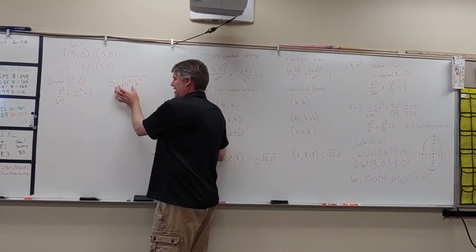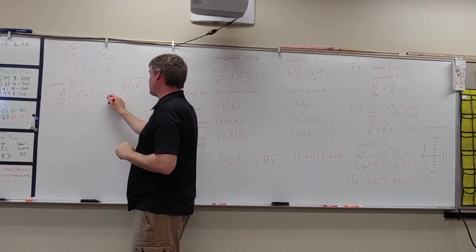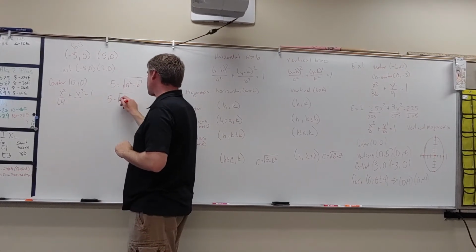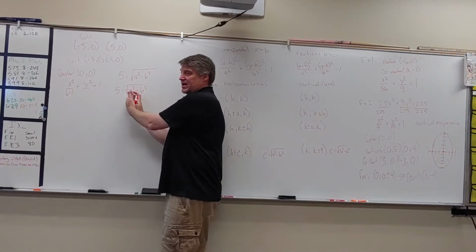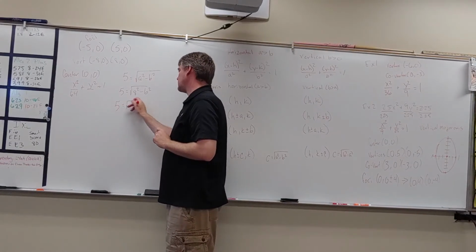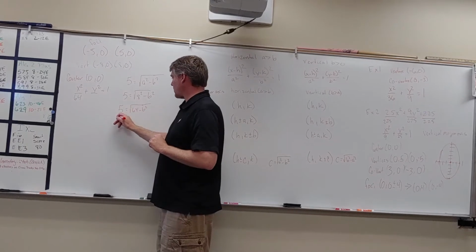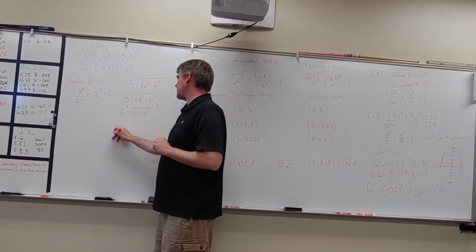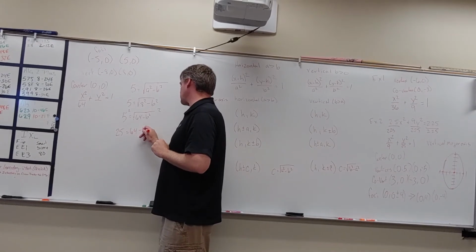Well, I already have c, I already have a, so 5 equals the square root of 8 squared minus b squared. A squared is 64, so I could have just substituted that in. Okay, I'm going to square both sides here to get rid of that square root, so that gives me 25 equals 64 minus b squared.